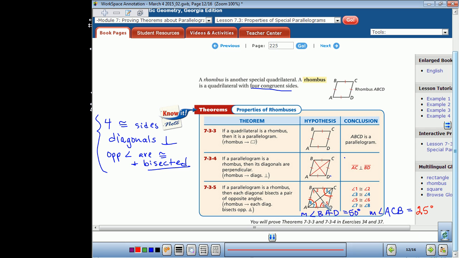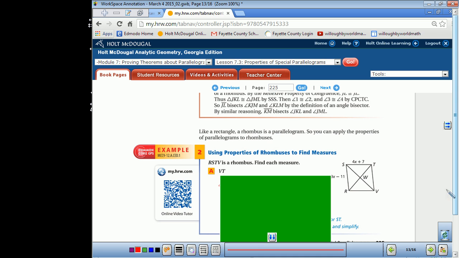Okay? All of these would also be congruent. 1, 2, 5, and 6. 1 and 2, 5 and 6, 3 and 4, 7 and 8. Those are the congruents. Okay, so big things about the rhombus: 4 congruent sides, the diagonals are perpendicular, and opposite angles are congruent, and they are bisected by the diagonals.